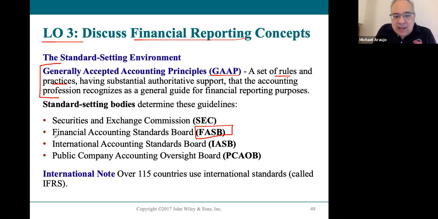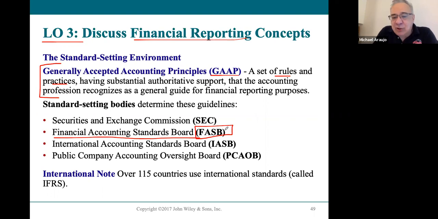The committee that deals with all of those is called FASB, the Financial Accounting Standards Board. It's sort of like a Congress of accountants debating the rules on how things should be managed and how CPAs should be reporting certain things and handling transactions.